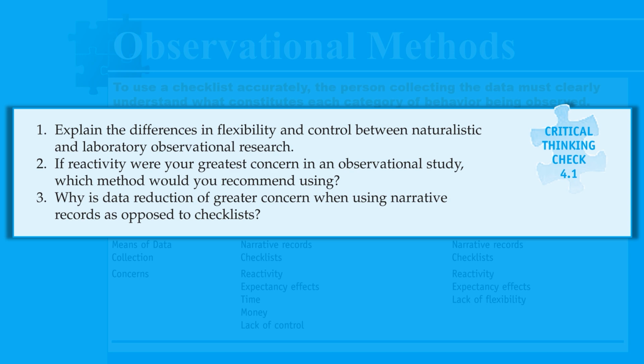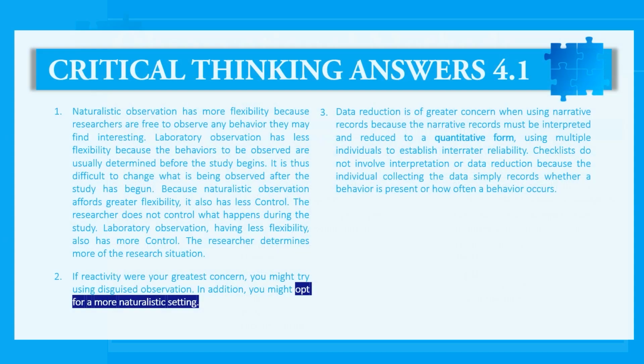Second, if reactivity were your greatest concern in an observational study, which method would you recommend using? And the third one, why is data reduction of greater concern when using narrative records as opposed to checklists? Let's go to the answers together.